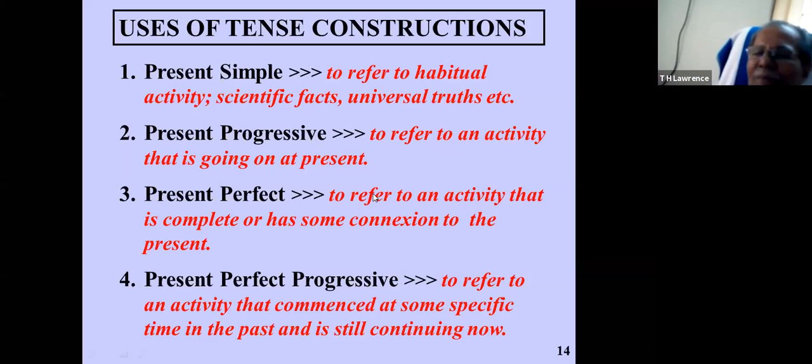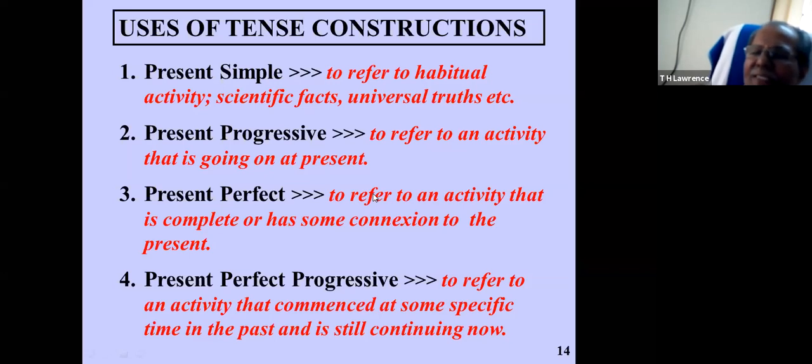Now, present perfect progressive. That is used to refer to an activity that commenced at some specific time in the past and is still continuing now. See, that's the nature of present perfect progressive. That's a place where we have to use present perfect progressive.